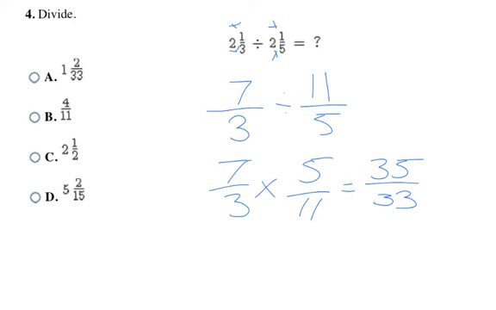And I think, is there anything I can simplify 33 and 35 by? No. So then I just have to change that back into mixed. 33 goes into 35 once. And when I pull 33 out of 35, I'm left with 2, which is my numerator. And then the denominator stays the same. That's 33. So that's going to make A my final answer.